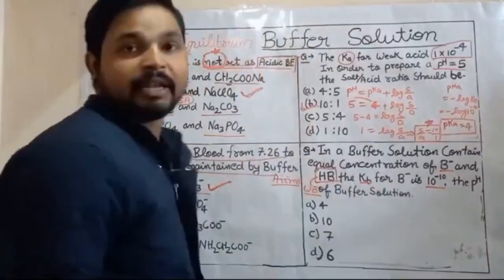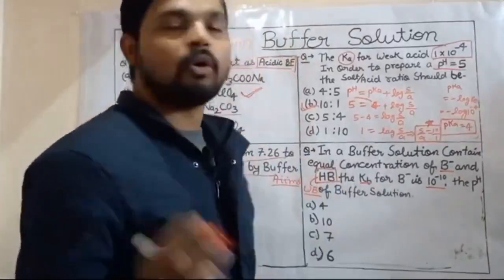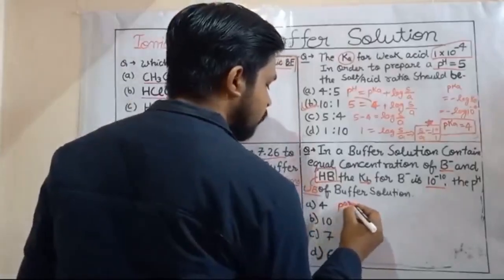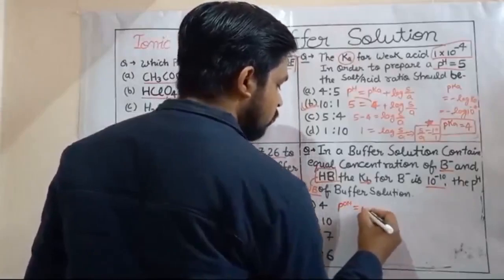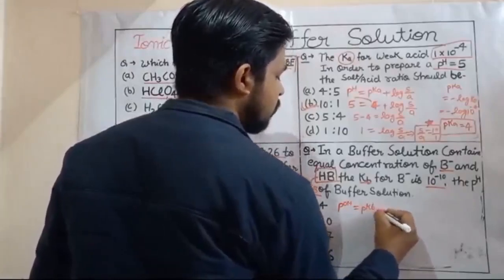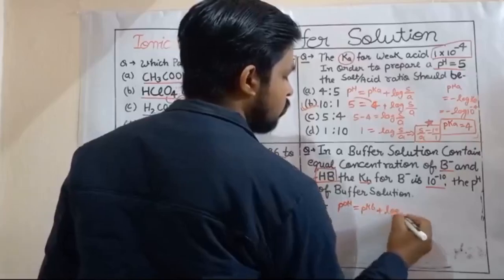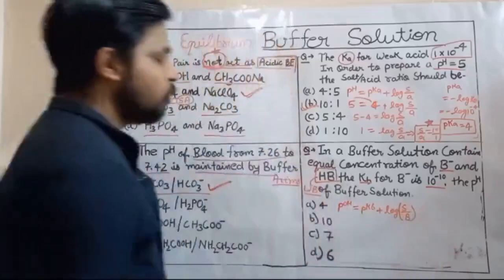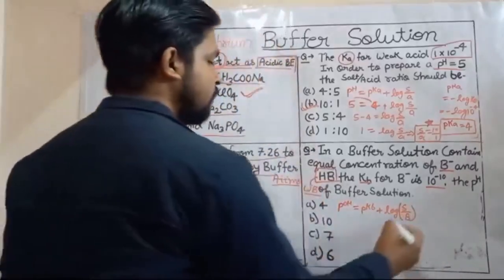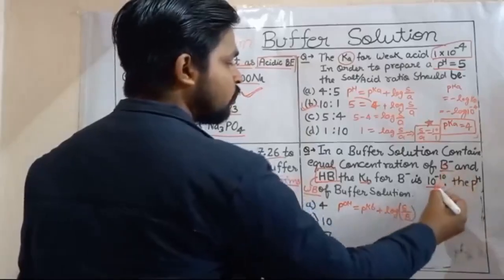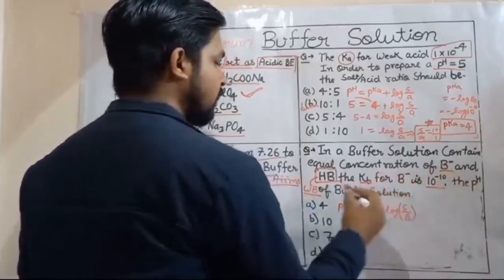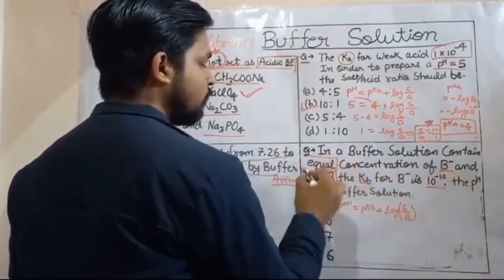Okay student, so we write the Henderson equation for a basic buffer. So Henderson equation for basic buffer, pOH is equal to pKb plus log salt by base concentration. So student, you know here it is given in the question the salt and base concentration is equal.